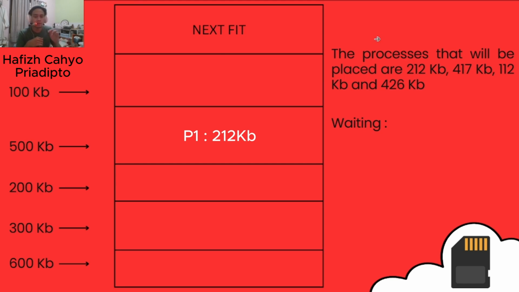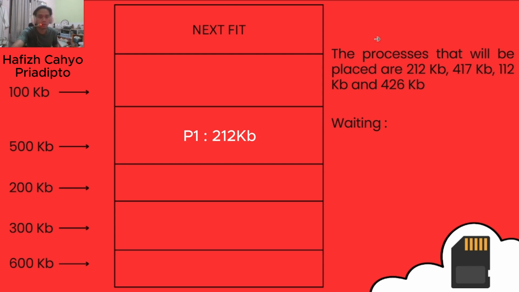In first fit we check each column one by one from the start, but in next fit, once process one has entered the memory, like this one in the second column, the next process does not have to start checking from the first column.